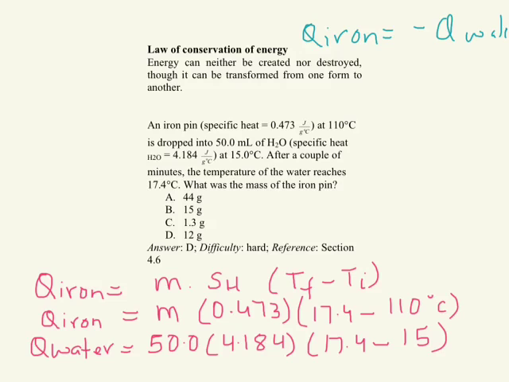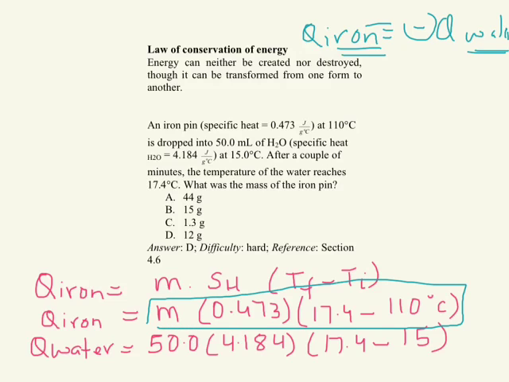The heat lost by iron is gained by water. Whenever some loss is there, you denote it by the negative sign. So this whole thing equals minus of this thing.